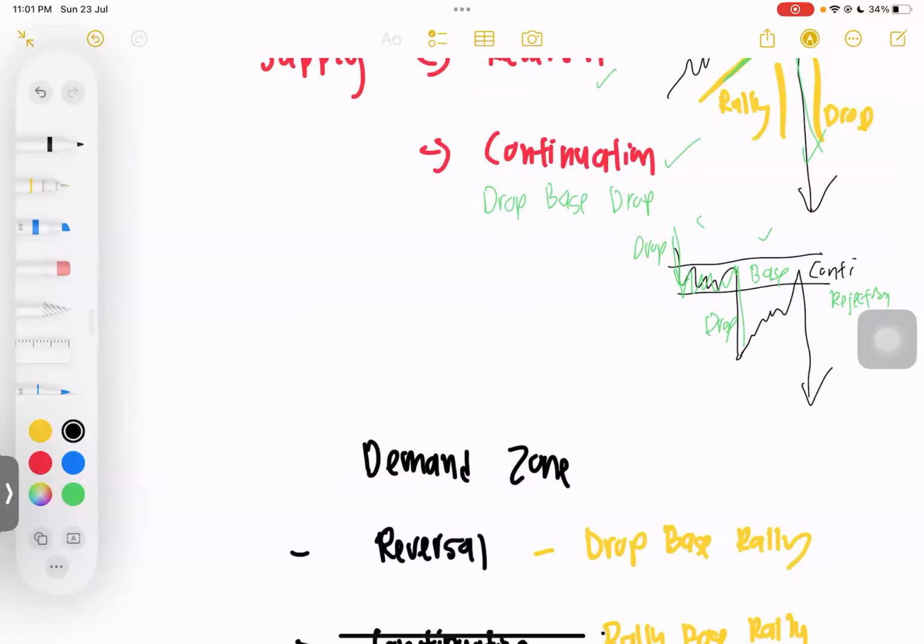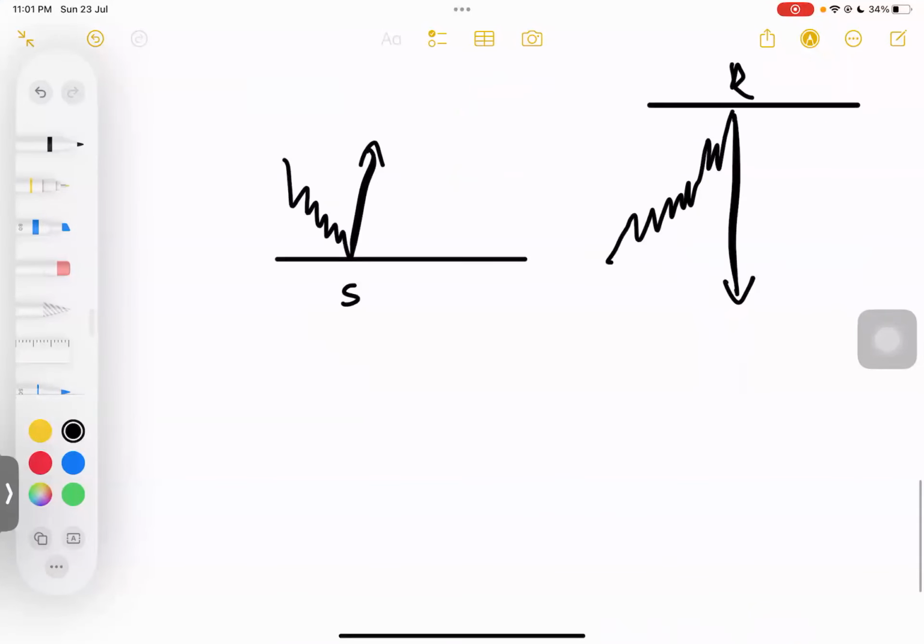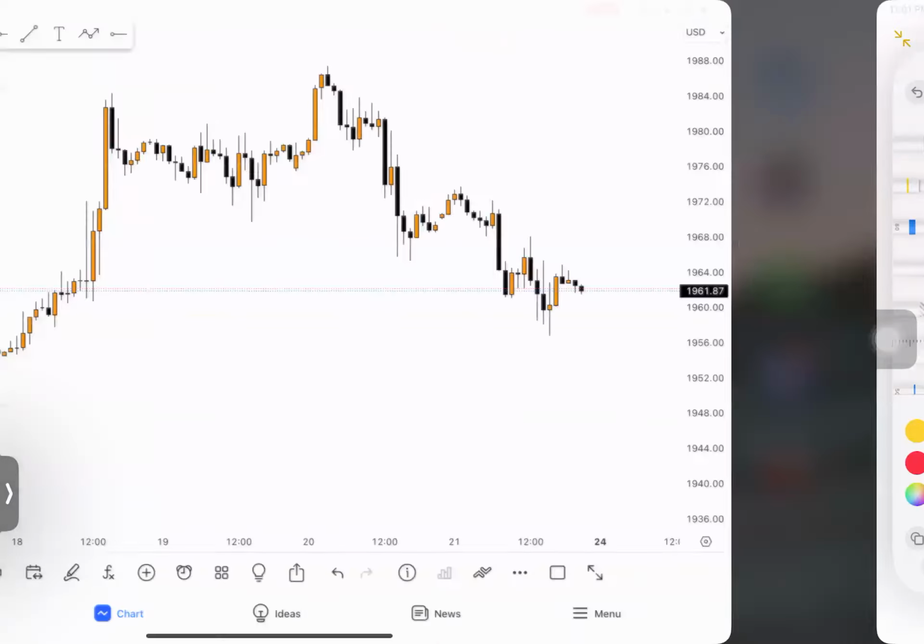Okay, SBR and RBS. Actually, not all SBR and RBS can be used. Only when a valid support or valid resistance has been broken out can you use the SBR, RBS. I will give you examples.